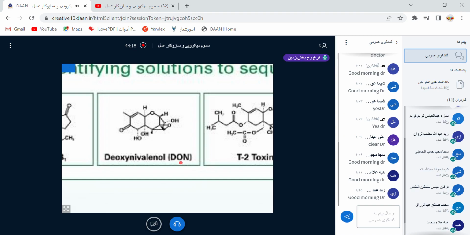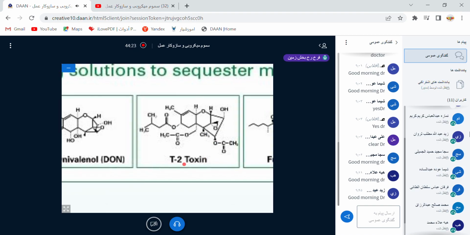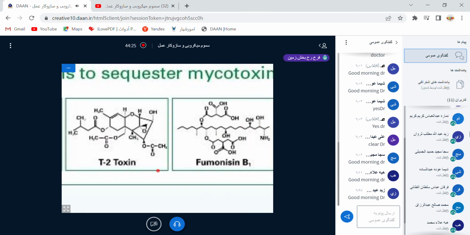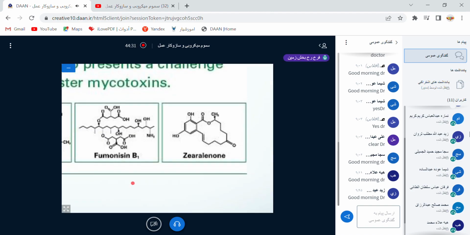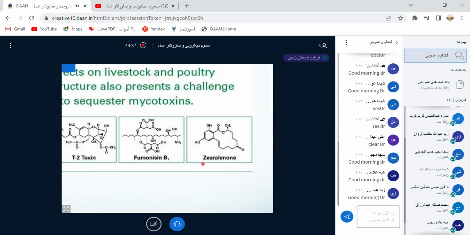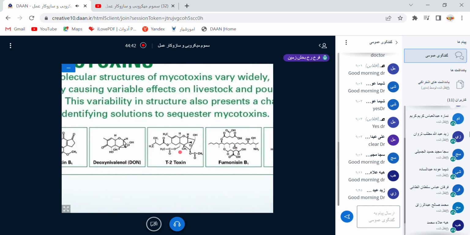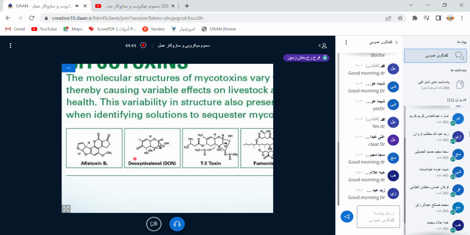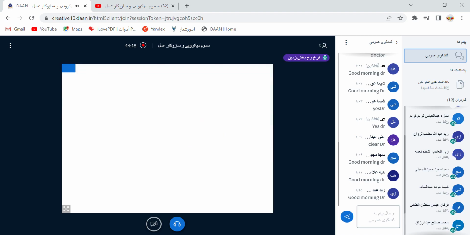Deoxynivalenol or DON, T2 toxin, and fumonisin B1, as well as zearalenone. You can see how much they are different from one to the other. They are very different.